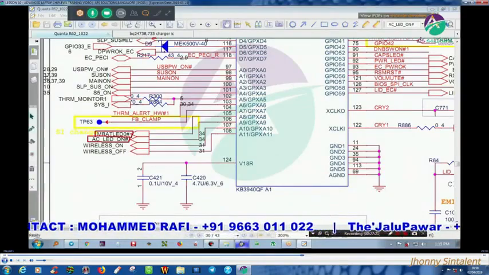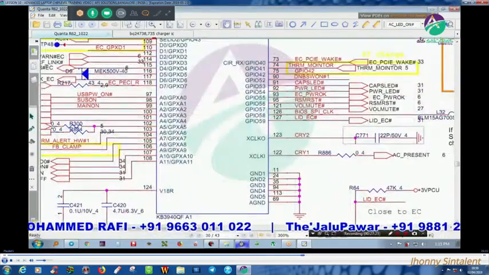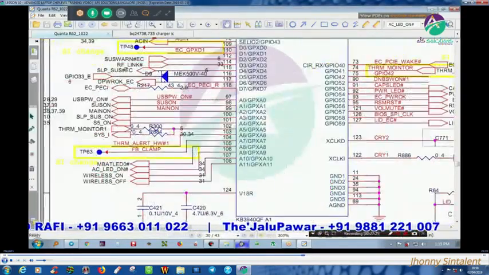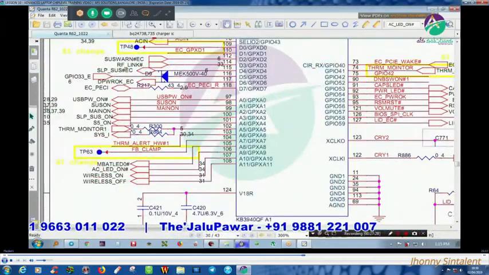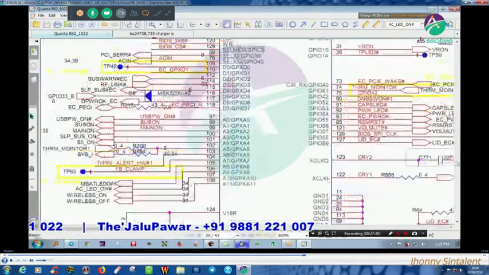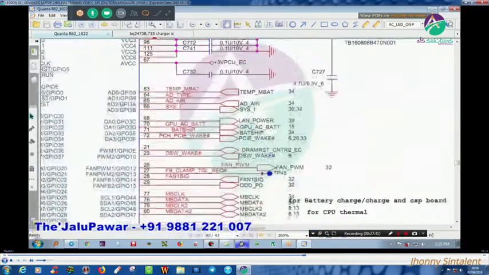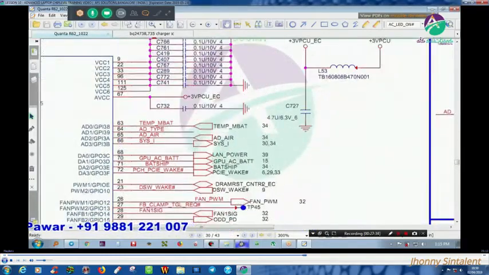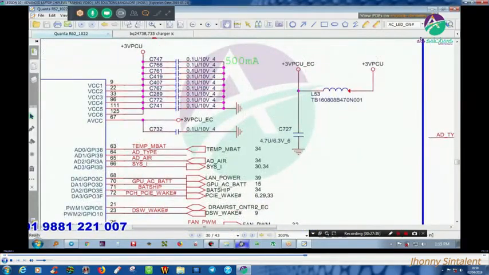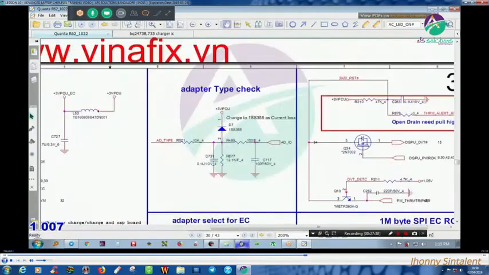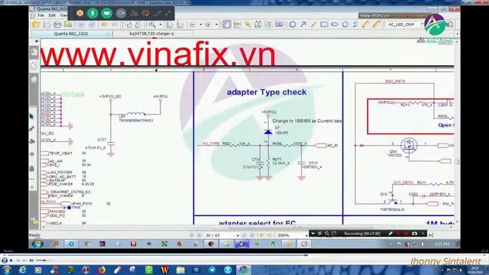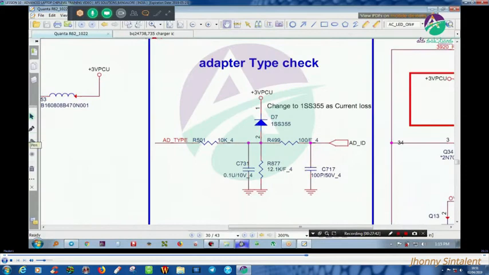When the adapter is present, that information will reach the IO controller. The information is AC in, adapter present, adapter type and adapter select.